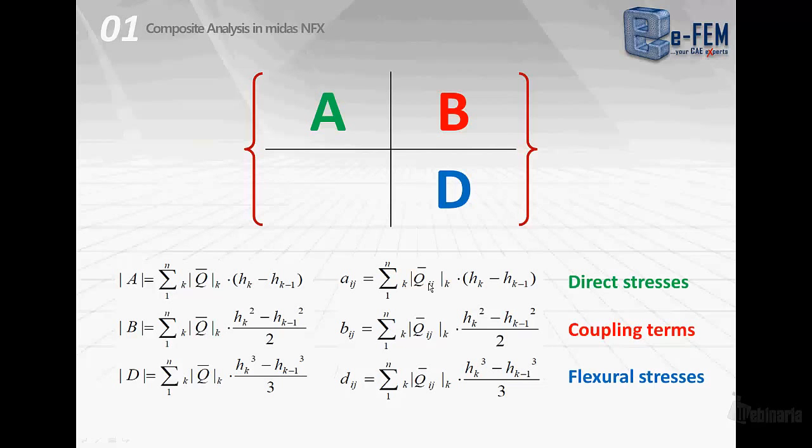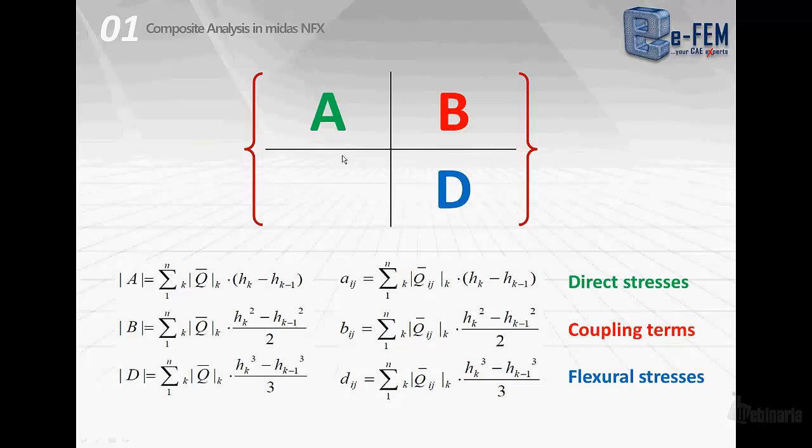So, from the stiffness matrix of the single lamina, according to the thickness of the single lamina and according to the stacking sequence of the laminate, we can build up each term of the A matrix of the ABD. The same for the B matrix, that is the matrix of the coupling terms, and again the same for the D matrix, that is the matrix of flexural stresses.